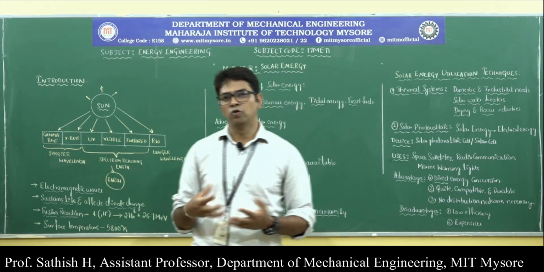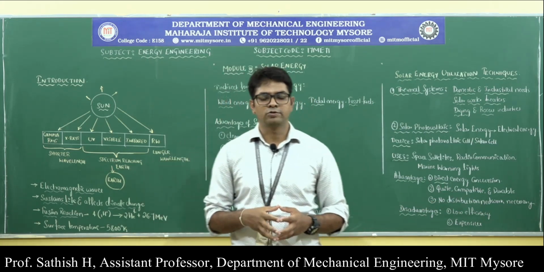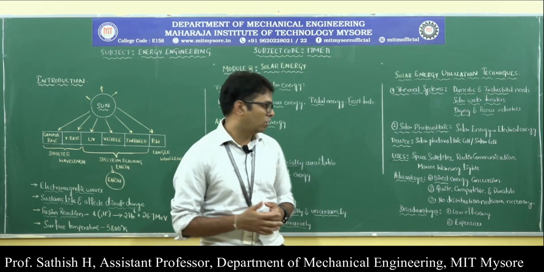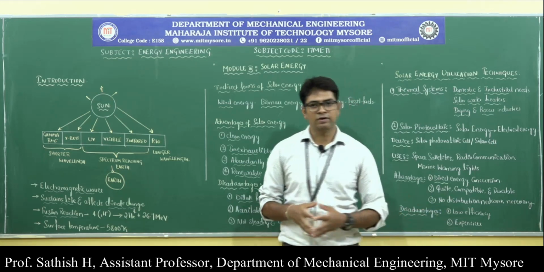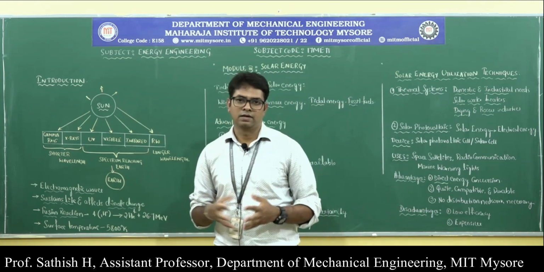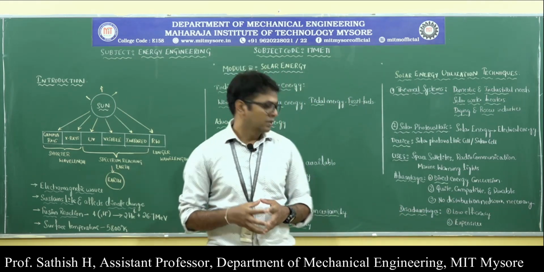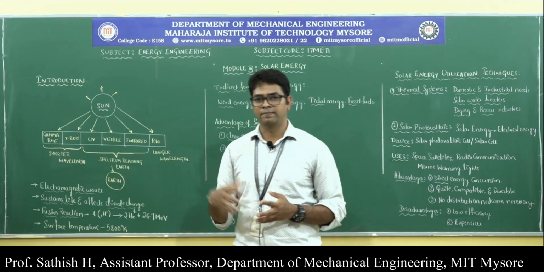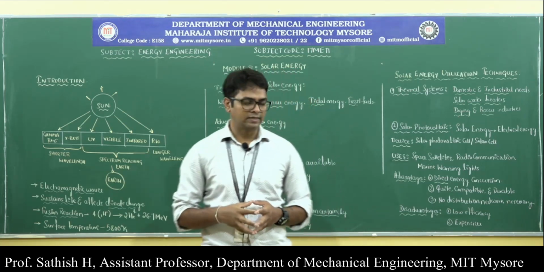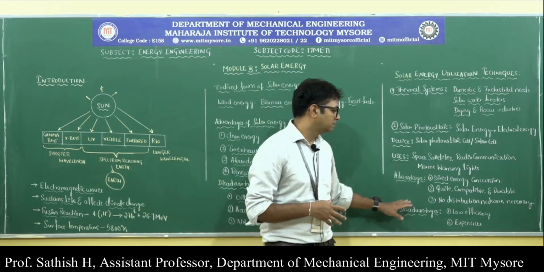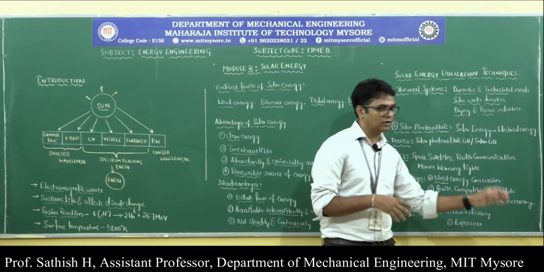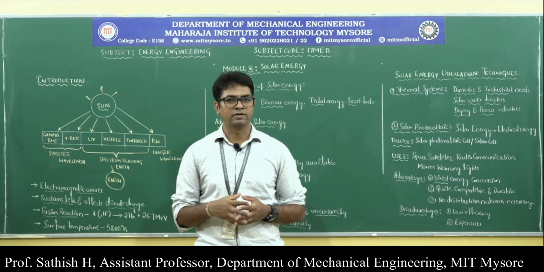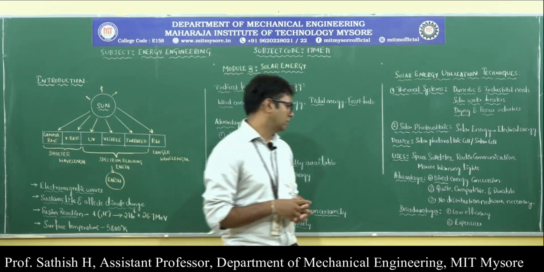Since there are no moving parts inside these solar photovoltaic cells, not much noise is involved, and they are compact, their size is small. One more thing is they are durable. They can be used for a longer period of time. That is one of the advantages. And then no distribution network is necessary. The distribution network is also eliminated if you use these solar photovoltaic cells.